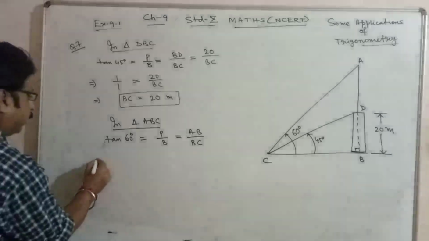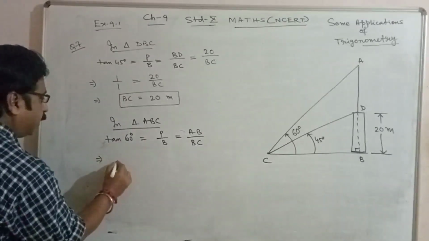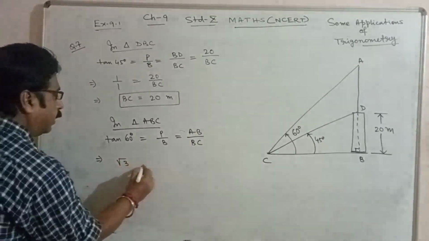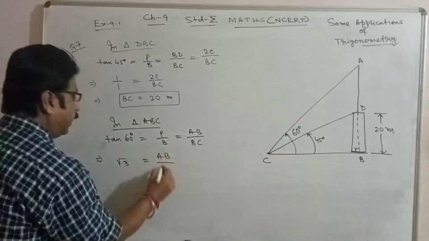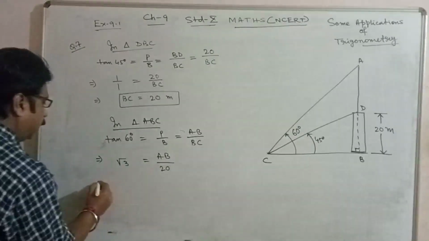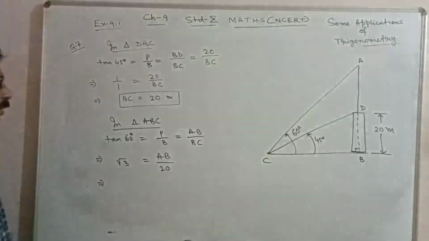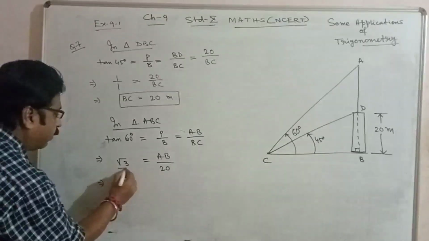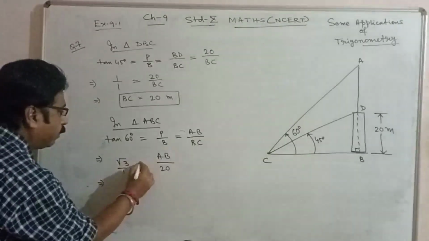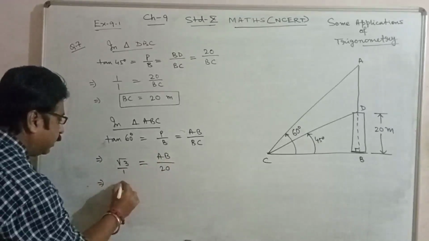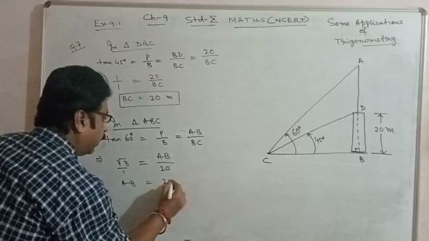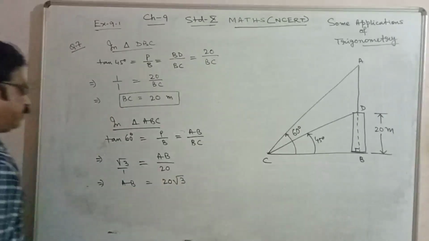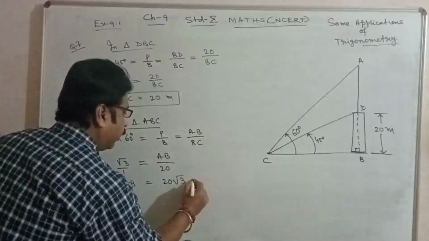BC we know, tan 60 means root 3. It will be AB upon BC, which is 20. If we do cross multiplication, root 3 upon 1, AB into 1 is AB, 20 into root 3 means 20 root 3. So AB is 20 root 3 meter.